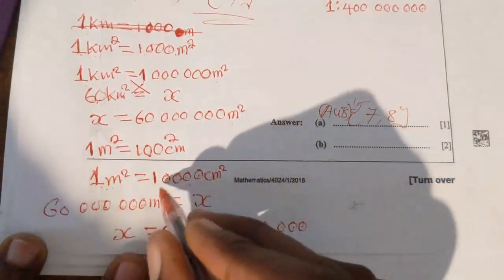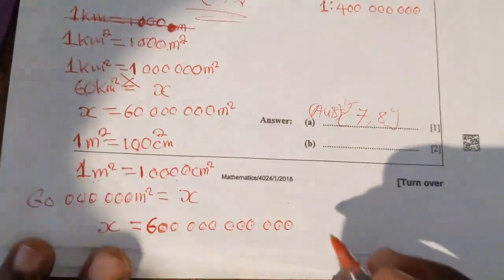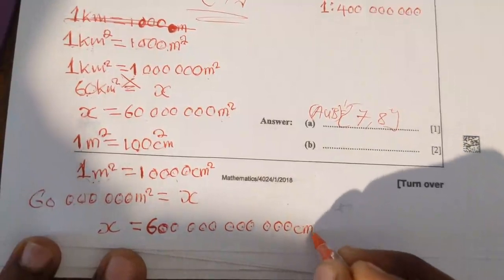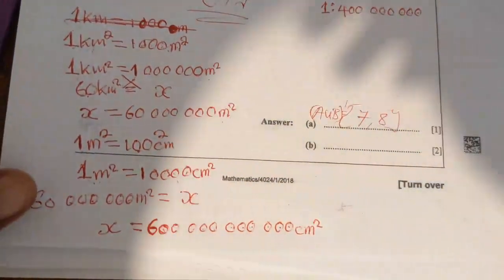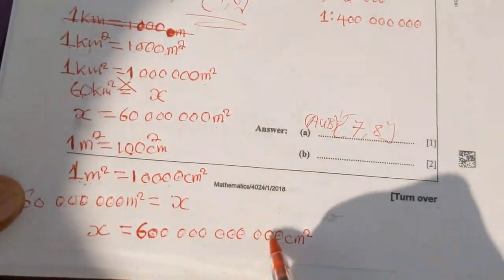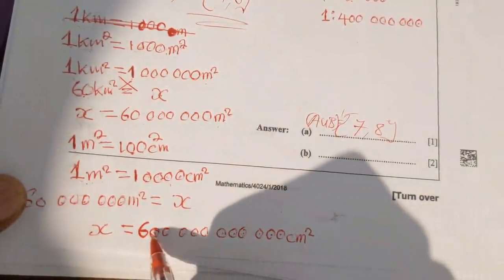So this is in what? In centimeter squared, like that. Here it is very simple. There are 11 zeros.